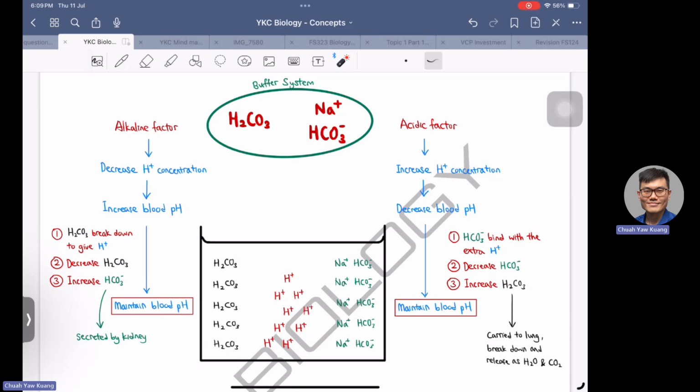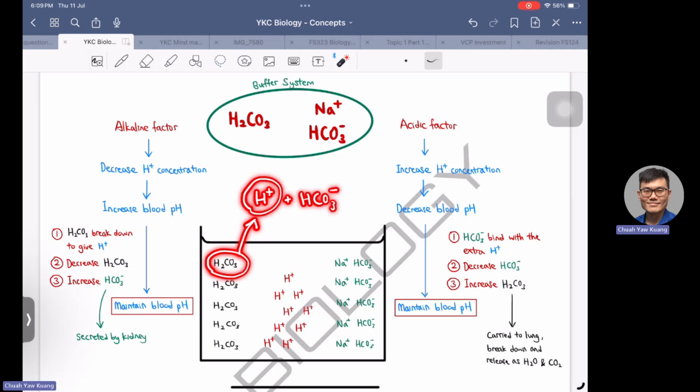First thing first, because of the lack of hydrogen ion, the carbonic acid in the blood is going to break down to supply the hydrogen ion. In this case, the carbonic acid will break down to become hydrogen ion plus the bicarbonate ion.